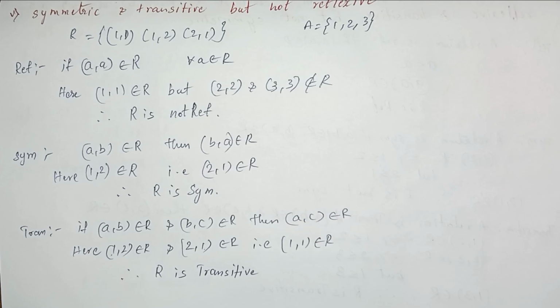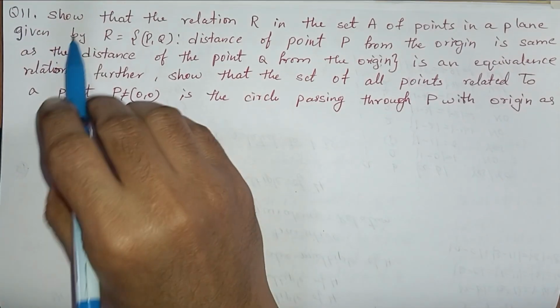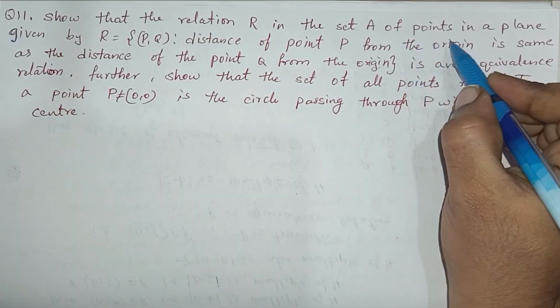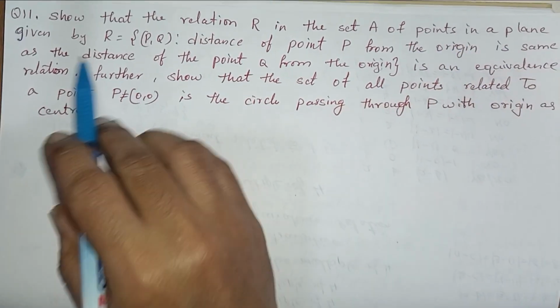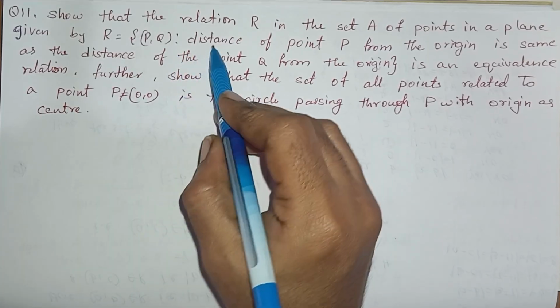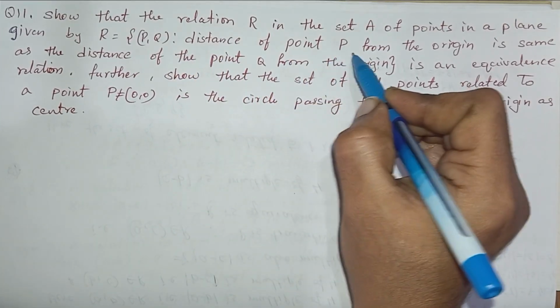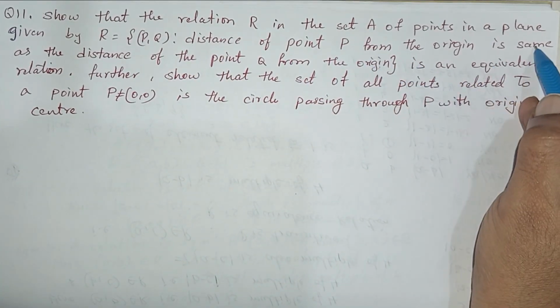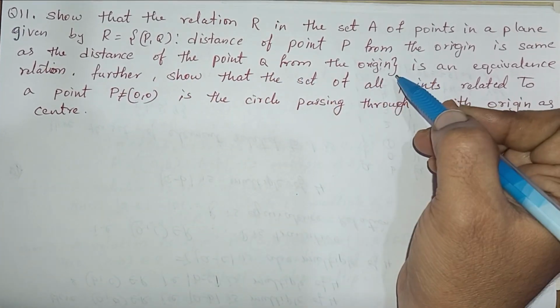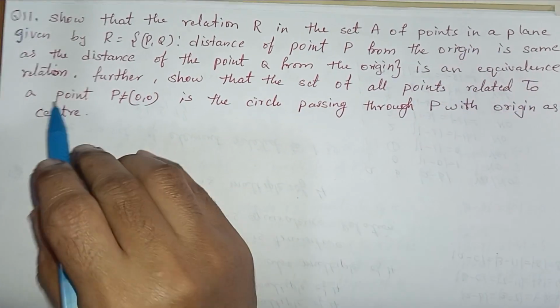Question number 11. Show that the relation R in a set A of the points in a plane given by R equals (P, Q) such that the distance of point P from the origin is the same as the distance of point Q from the origin is an equivalence relation.